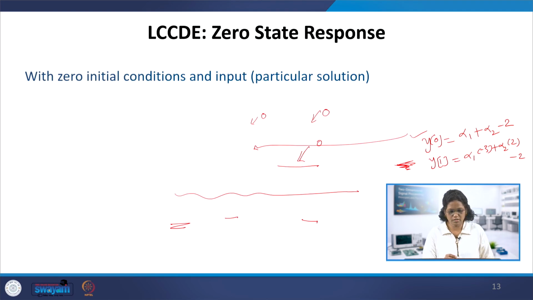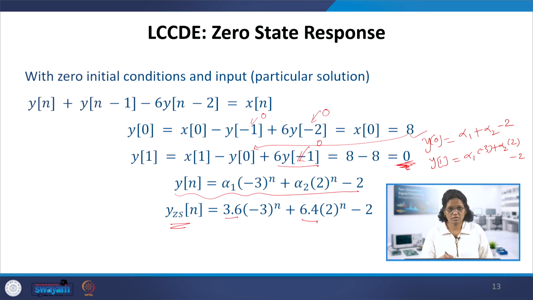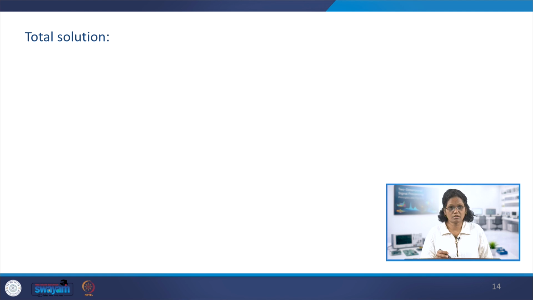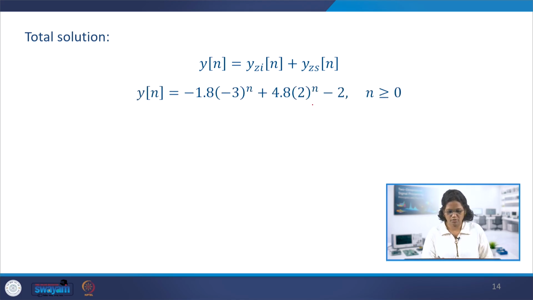So, the LCCDE, the difference equation, the system equation, would contain the total solution, which has the zero input response and the zero state response. So y of n would have the zero input response as well as the zero state response. You can check this by adding the two to get y of n.